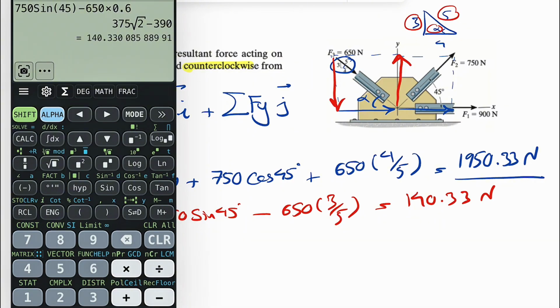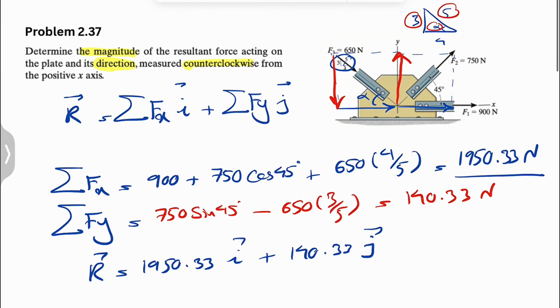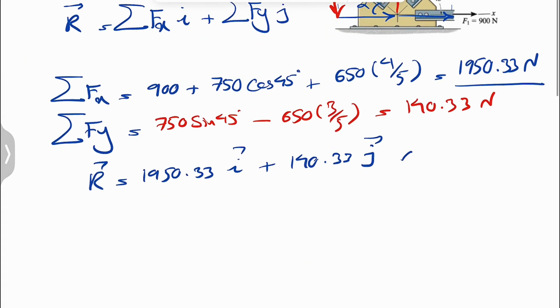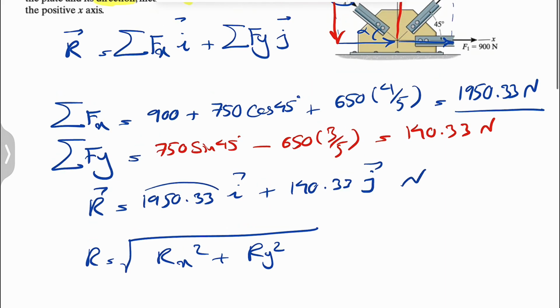That's going to give us 140.33 newtons. So our R is basically 1950.33 i plus 140.33 j, and the unit will be newtons. But that's not what we're looking for. We're looking for the magnitude, which is the square root of Rx squared plus Ry squared, and this will be our Rx, this will be our Ry.